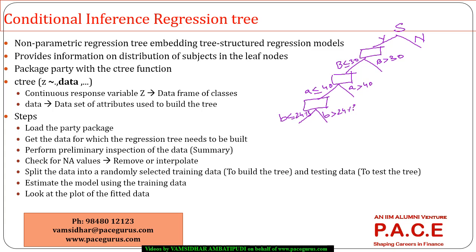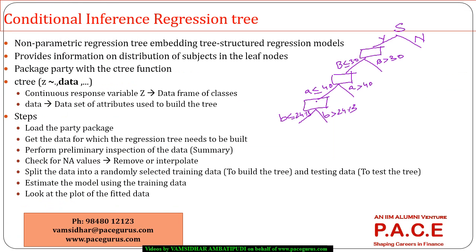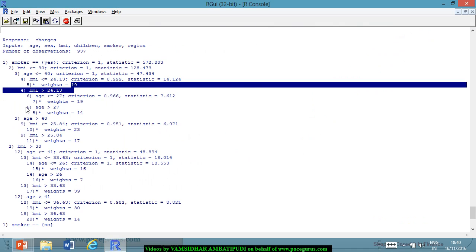So this is how the tree got typically built. And again within this group of BMI less than or equal to 24.13, I don't have any more splits. There are 19 elements and this is my leaf node.